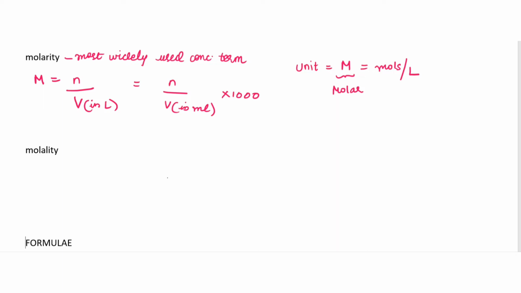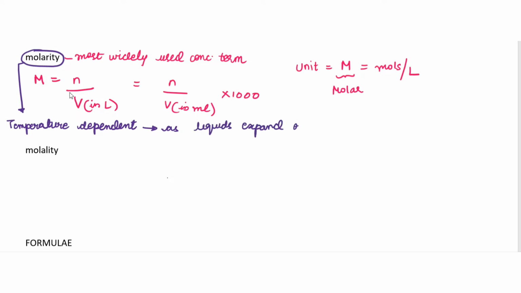So here you need to remember that molarity is temperature dependent. This is important and a repeated question. Why is it temperature dependent? Because liquids expand on heating. We know that as we increase the temperature, the volume of the liquid increases. So in molarity we have volume in the denominator, and this volume is varying with temperature.